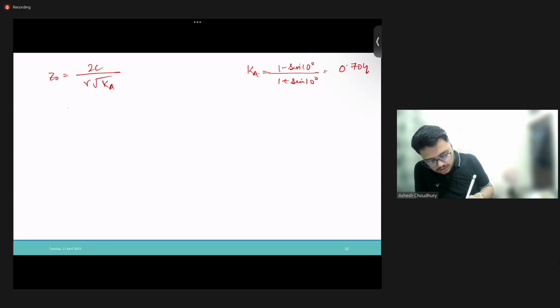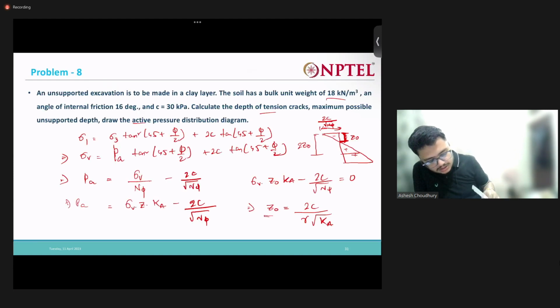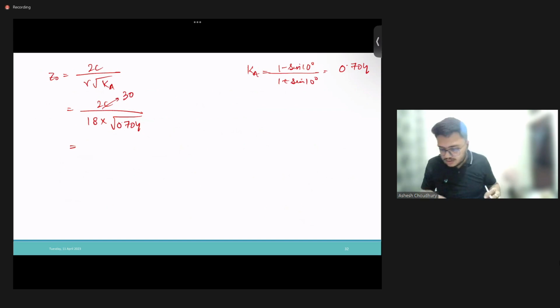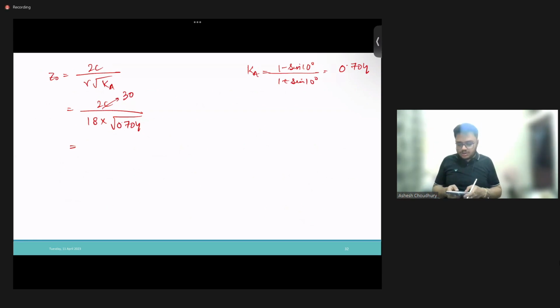And gamma is given in the question as 18. What is C? C is 30. So please calculate this: 2 into 30 divided by 18 into root over 0.704.